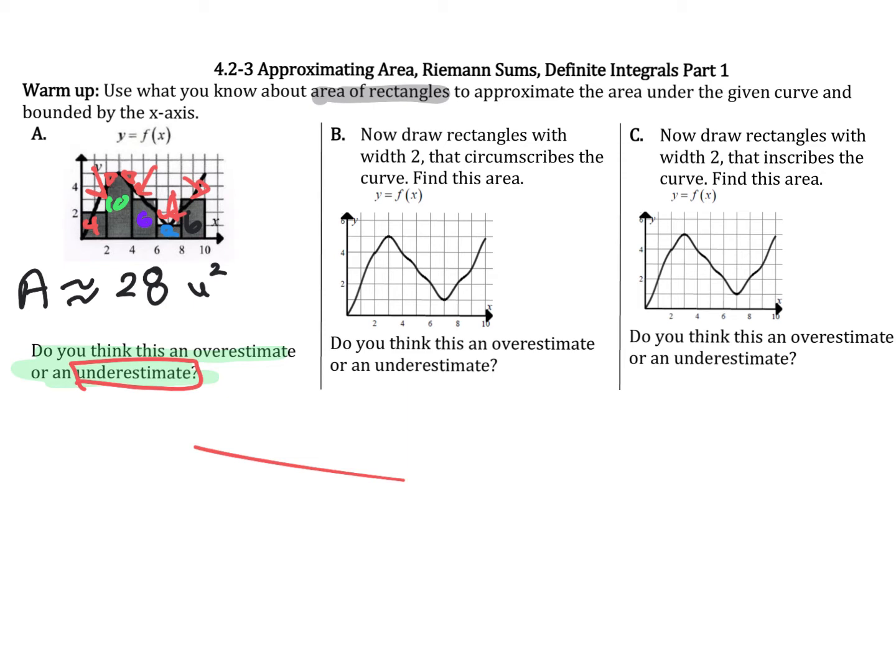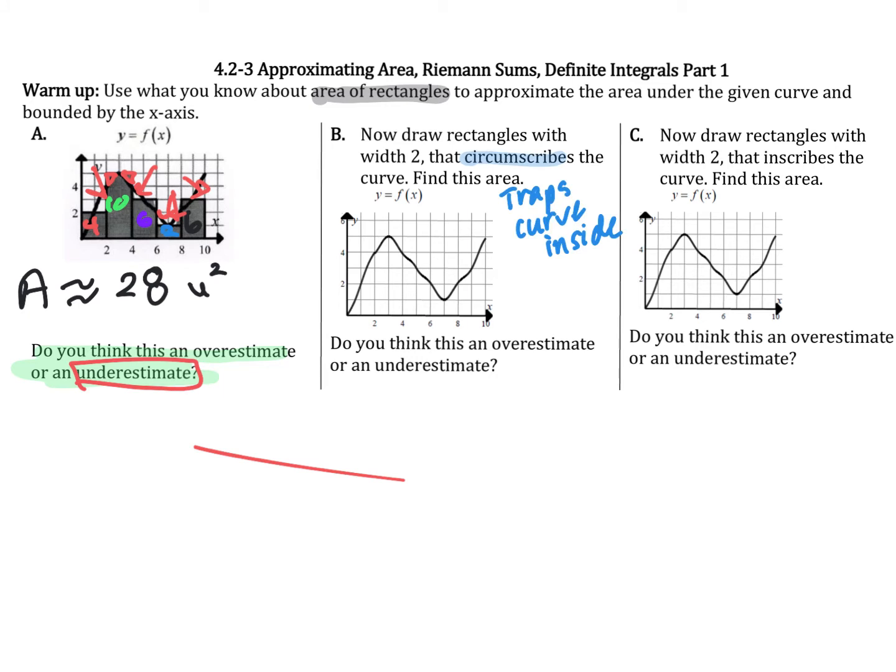Now what you see in parts B and C are the exact same graph, except the rectangles aren't being drawn. So we're going to construct and find the area under the curve, the same curve, but looking at two different ways to do it. So for part B, it says draw rectangles with a width of 2 still that circumscribe the curve.